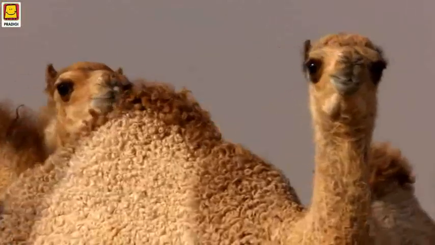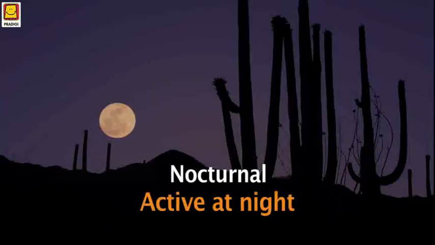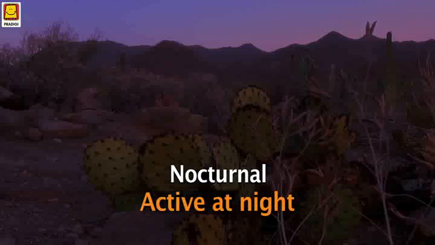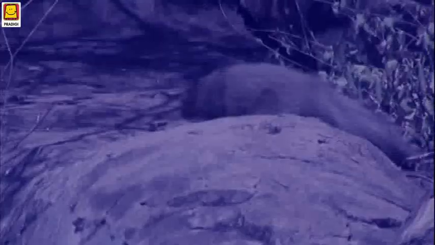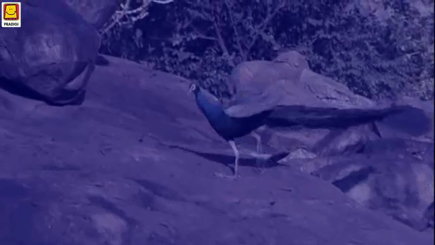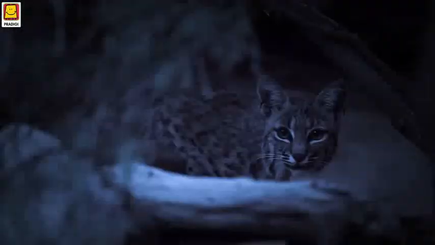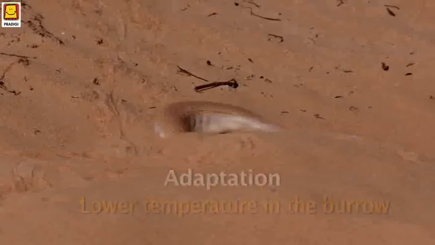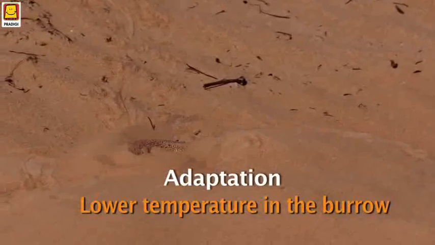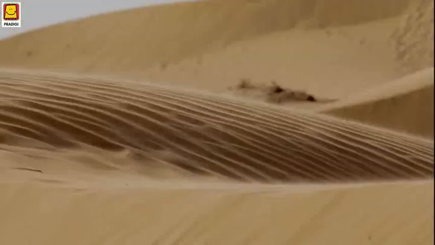But do you know that most of the animals in desert regions are nocturnal? The high temperatures during the day can cause dehydration and death, thus they are active at night. During the day, they remain in their burrows and holes to escape the sun's heat and the hot desert sand. The temperatures inside their burrows are comparatively lower.